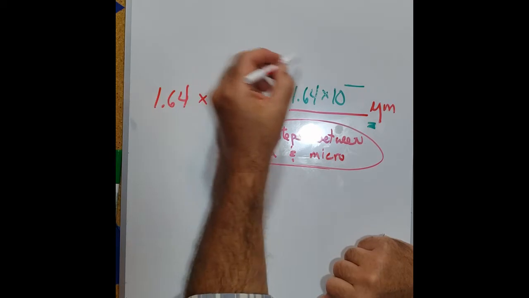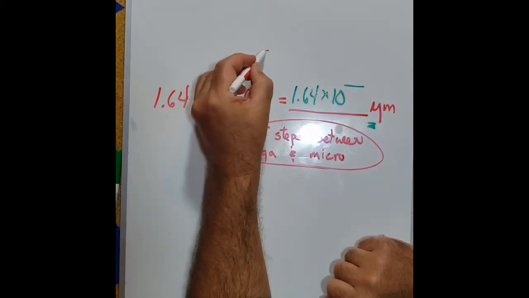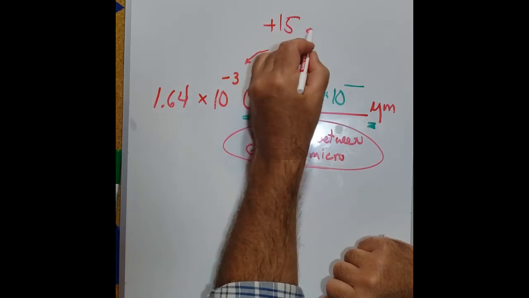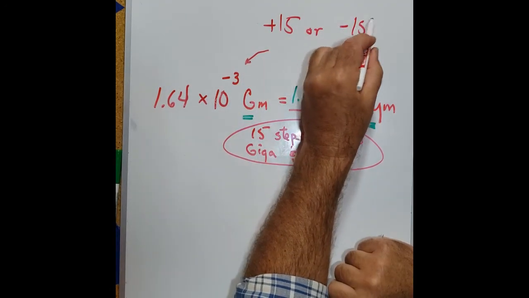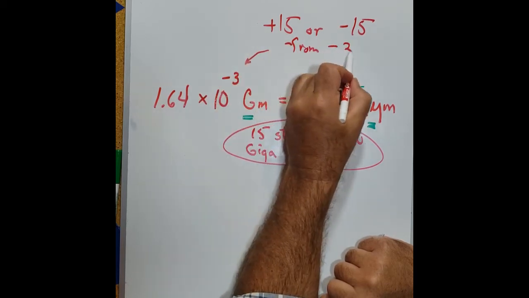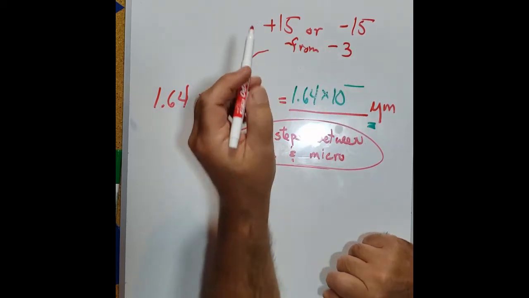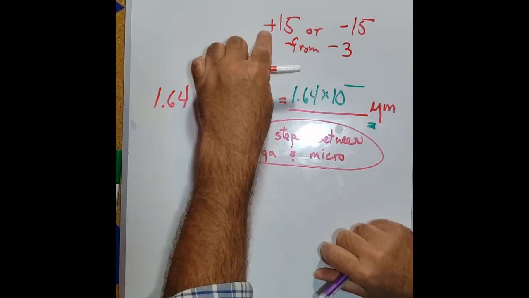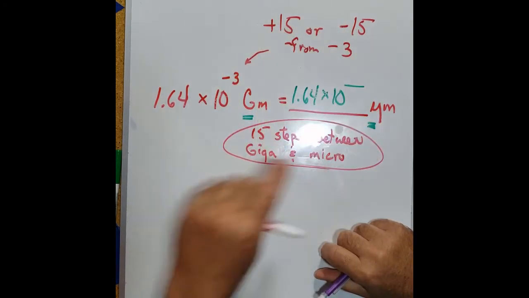So that means I'm going to bring that up here and say either add 15 or subtract 15 from negative 3. Which one of these operations do I do, the addition or the subtraction?